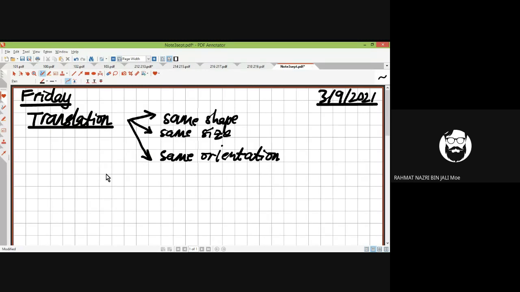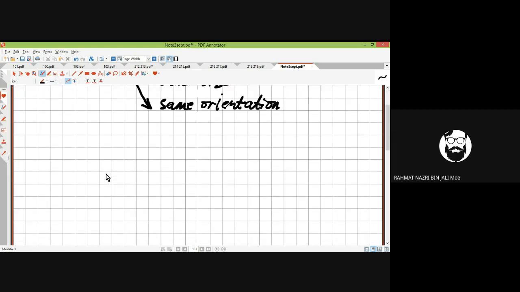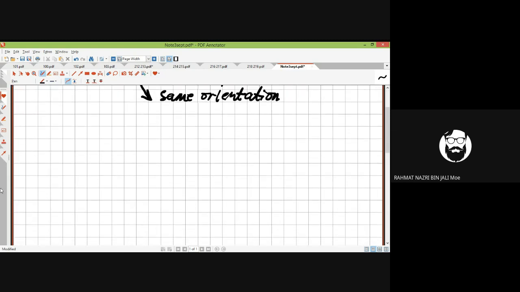Okay, and then represent by vector. Movement to the right or left. Movement for vector. Vector of translation.